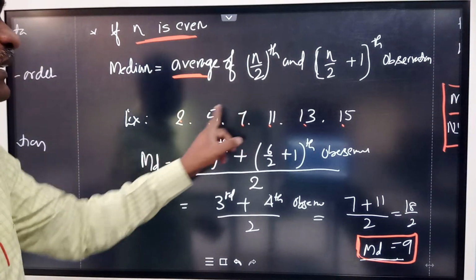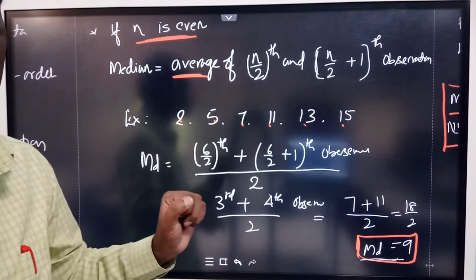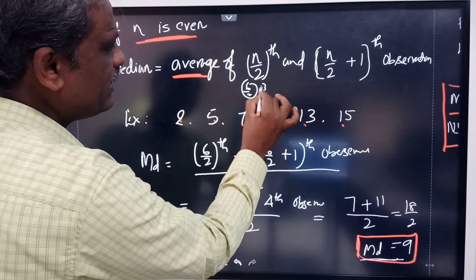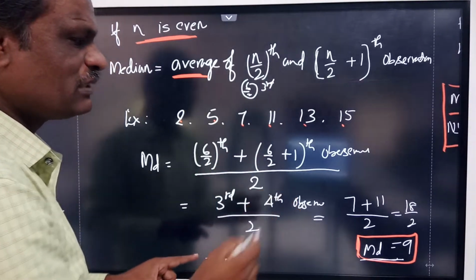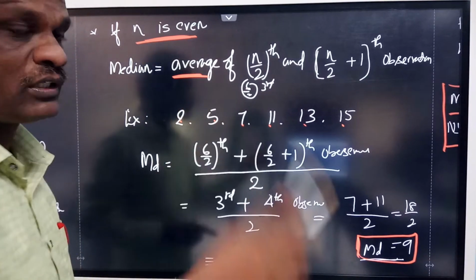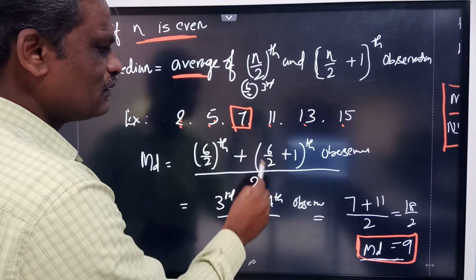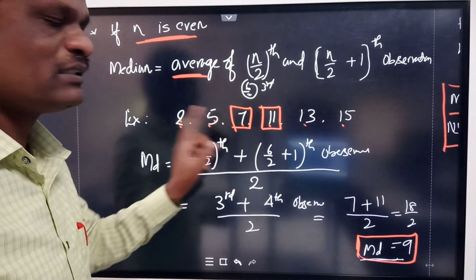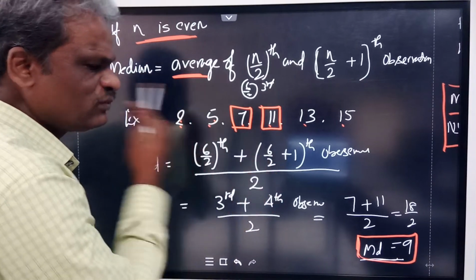Here there are 6 observations, so n by 2 is 6 by 2, the third observation, then plus 1, the fourth observation. You have to take the third and fourth observation. The third one is this one, then 3 plus 1, the fourth observation.